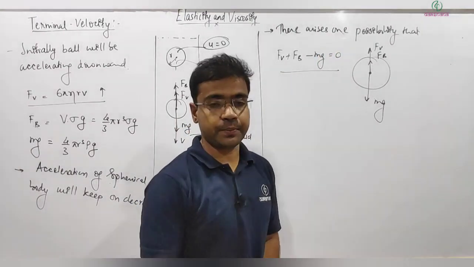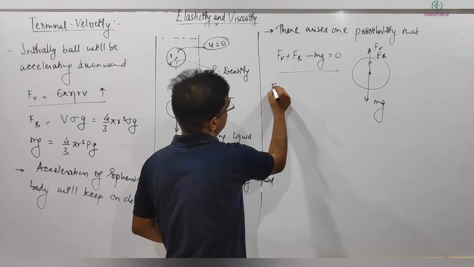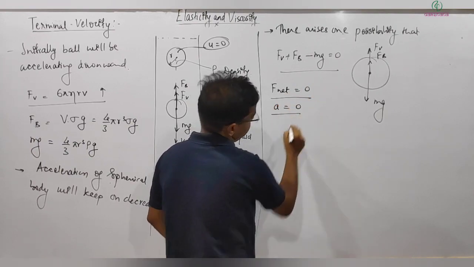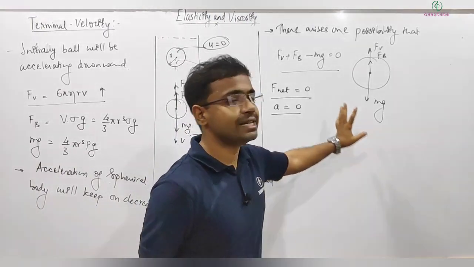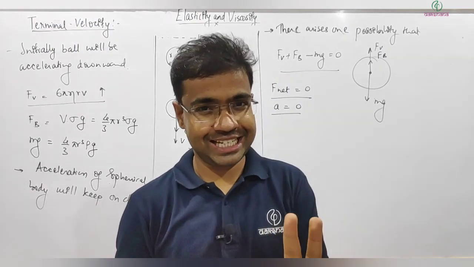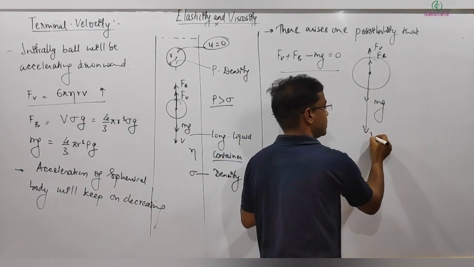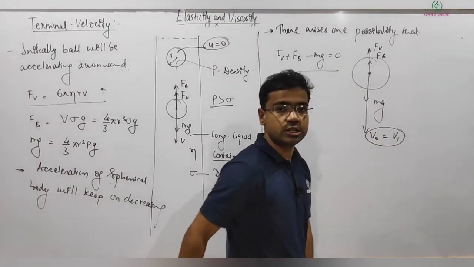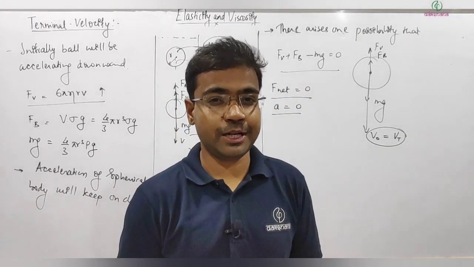In this situation, net force acting on the body will be 0, F net will be 0. Acceleration of the body will become 0. What it means? The velocity of the body will not change, and it will be moving downward with some constant velocity v naught, which is simply termed as terminal velocity.